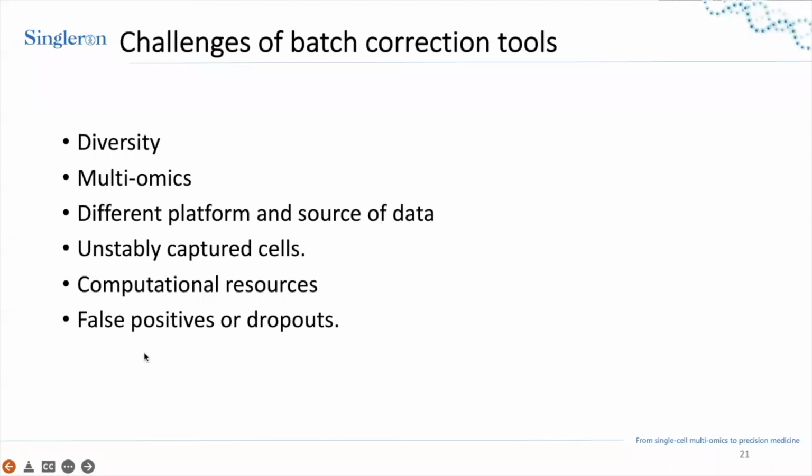I forgot to mention that MapBatch only needs to train on a few training samples, so it will not occupy a lot of computational resources. Whenever you have a new sample, you can just project it onto the existing training samples. You already have a very good result, and it's quite computationally scalable.